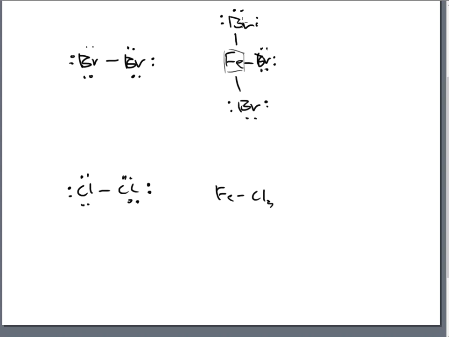Well, this bromine's going to pull away, and this bromine's going to pull away, and this bromine's going to pull away, and we get this polarity that begins to happen here. Because of that, the iron is going to end up being positive. And because of that, this bromine looks and says, you know, I could be kind of negative here.